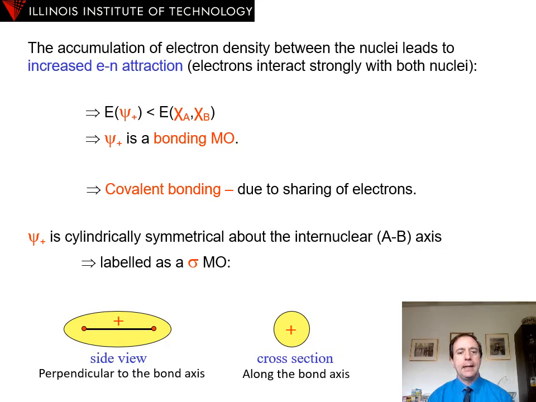And that's the side view that is perpendicular to the bond axis. And then if we rotate that around and look along the bond axis, excuse my voice, we can see that the cross section is just cylindrical symmetry, right? It's just two spheres that have overlapped along the bond axis, and that gives us our sigma bond.